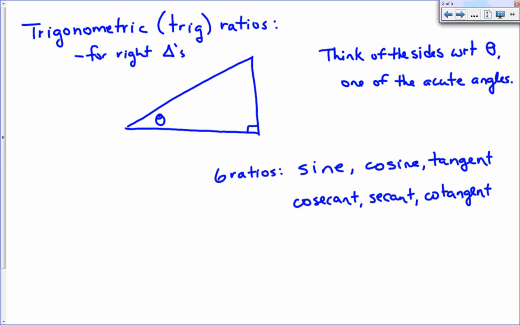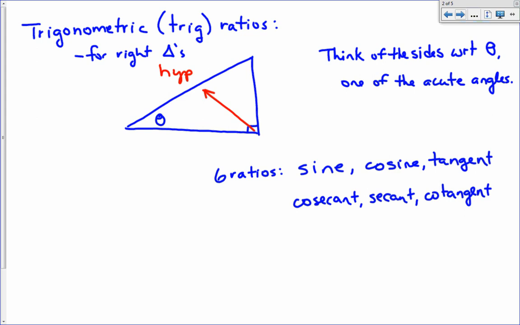Okay, so now we're going to look at the trigonometric, or trig, ratios for right triangles. When we do that, we need to label all three sides of a triangle. We're starting with a right triangle, and as we did with the Pythagorean theorem, we'll first consider the hypotenuse.